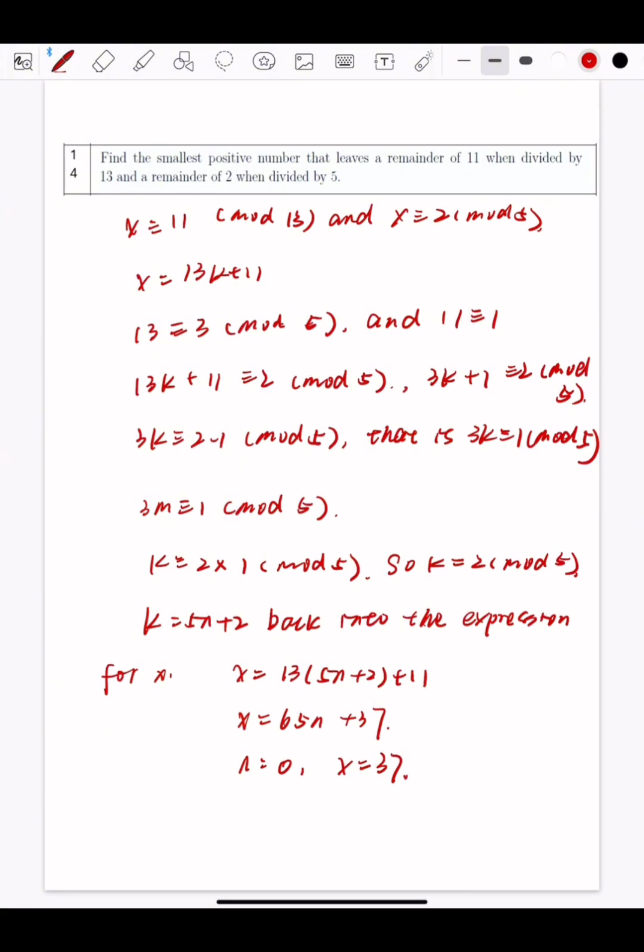Okay, and for x equals 37, we divide it by 13, and when divided by 5, like for here, and the smallest positive number that satisfies the given conditions is 30.